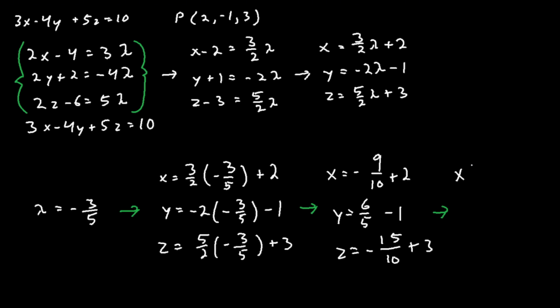Honestly, once you get constants, you already have your answer. But this would be x equal to 11 over 10, y would be equal to 1 over 5, and z would be equal to 15 over 10, or 3 over 2.